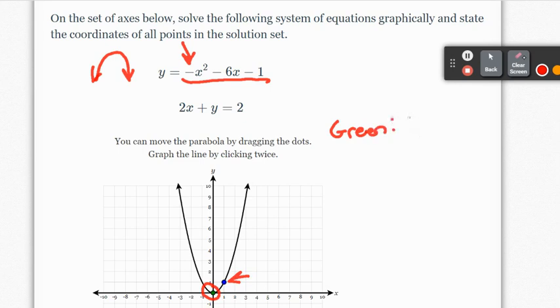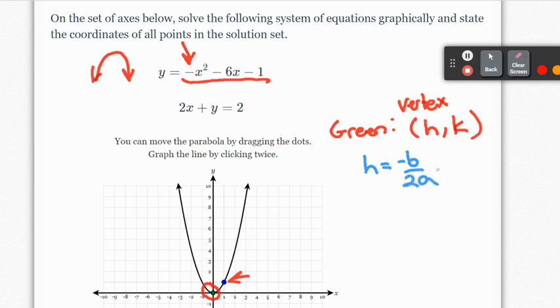The vertex of a parabola is always represented as h comma k. And we have our excellent formula for h, the x value of the vertex, is negative b over 2a. And then the k value happens by plugging in the h to the quadratic function.